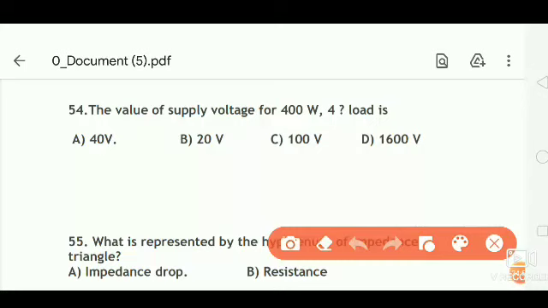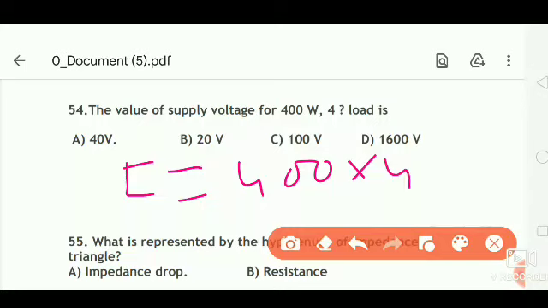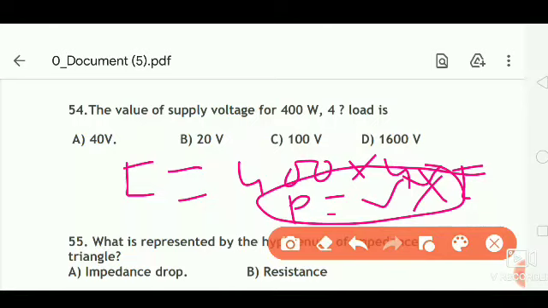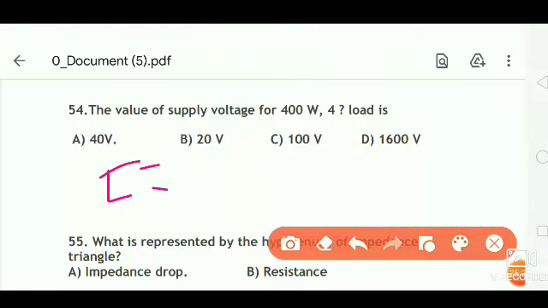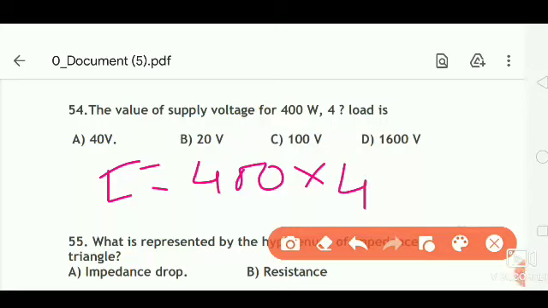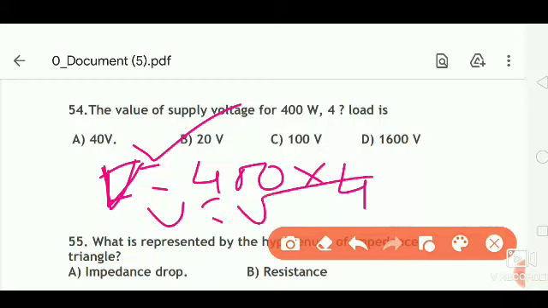Here we get the load current I equals 40 by 4, because P equals V square by R, that is V into I. From V equals IR we get the load current I. So the value of the voltage, V square equals P into R equals 1600. So V equals root of 1600 equals 40.